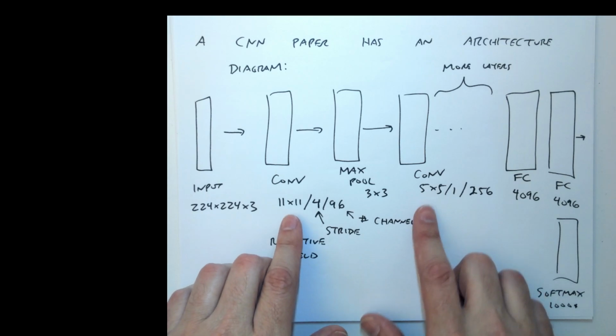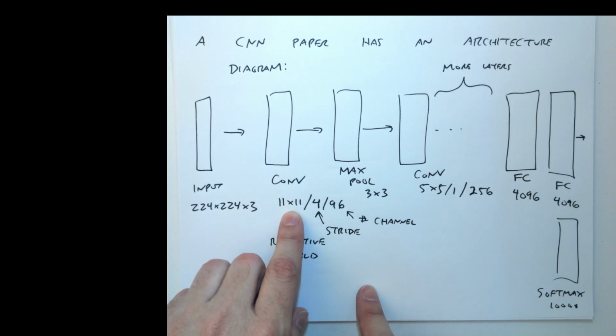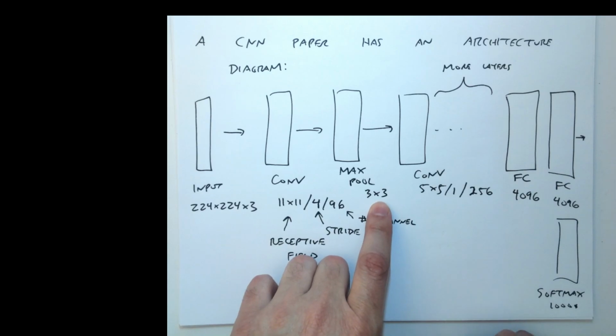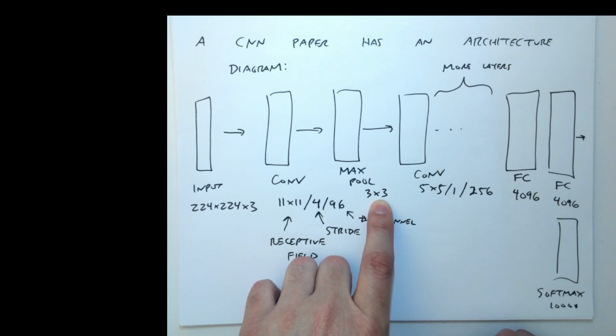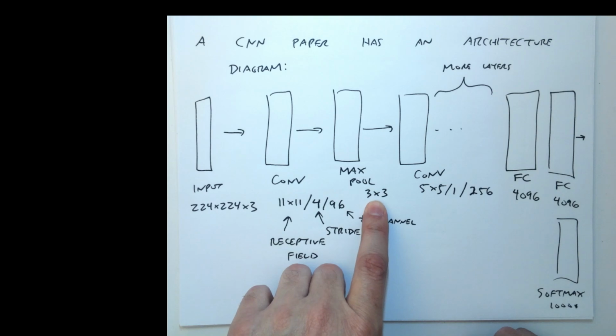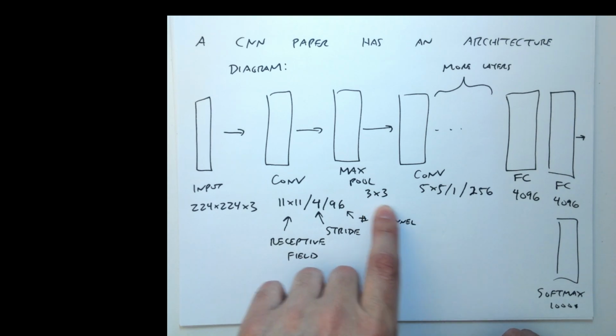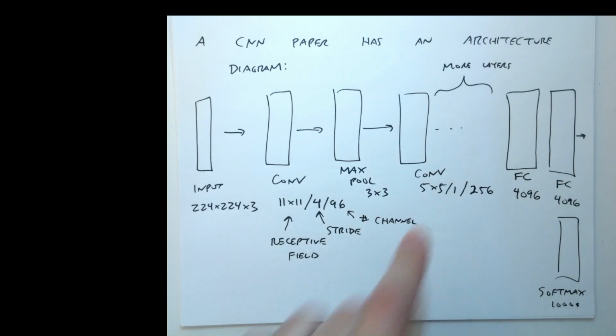So these guys can see 11 by 11 pixels. After I max pool it down, each of these results is effectively like 33 by 33 pixels, right? And then here, if I have a 5 by 5 filter on that, that's like 150 by 150 pixels. So I've suddenly really amped up how much of the original image I'm seeing with that next layer. So that's something to keep in mind.